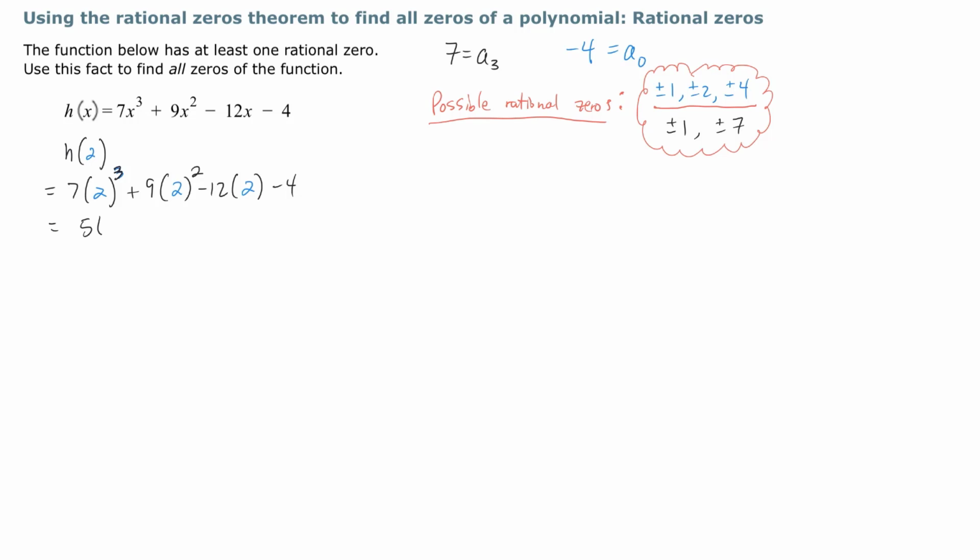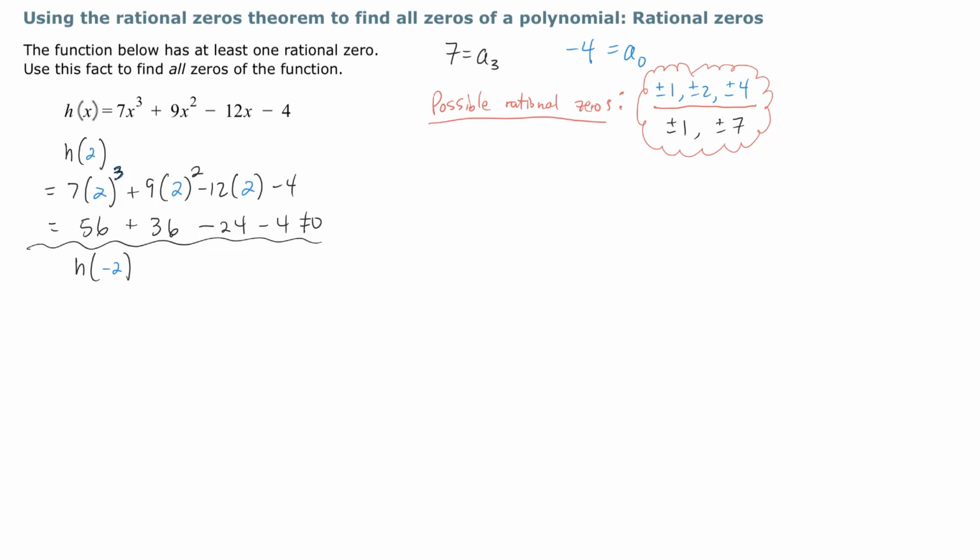That's 56 plus, let's say, 36 minus 24 minus 4. I don't think that's 0. That's not 0. So let's try something else. Let's try h of negative 2. Maybe this will get us somewhere.